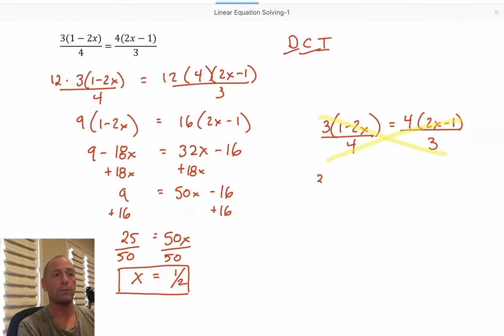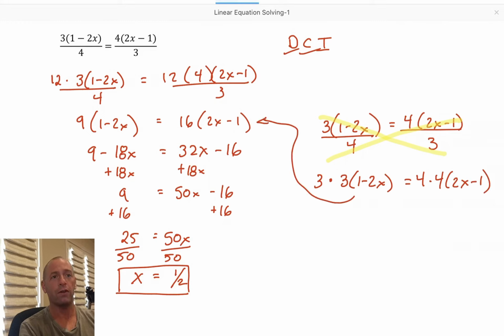So if I were to cross multiply, I would get 3 times 3 times 1 minus 2x equals 4 times 4 times 2x minus 1. And then if I were to clean up my coefficient in front, you would see that I'm back to where I started with on the previous question. And that is a little bit easier, but your question has to be set up just perfectly. That method that I showed you would not have worked on the previous questions.